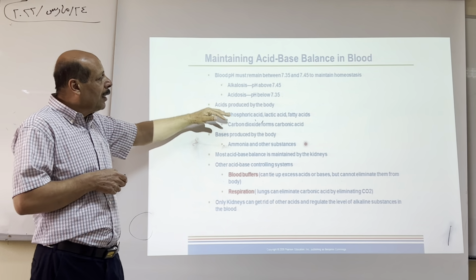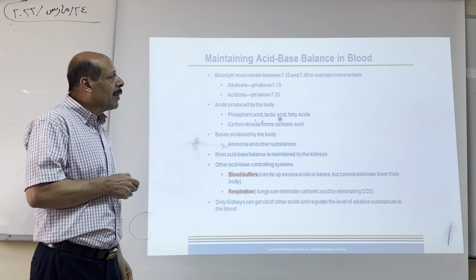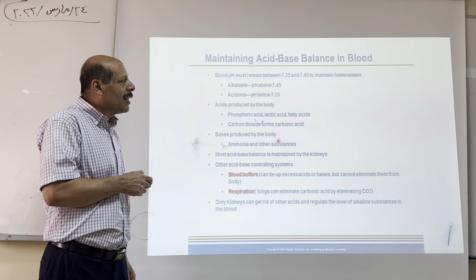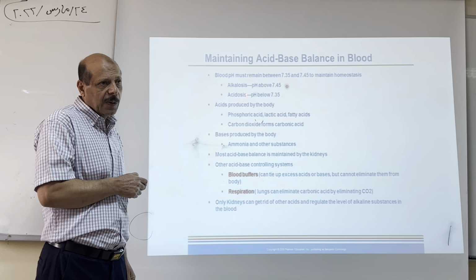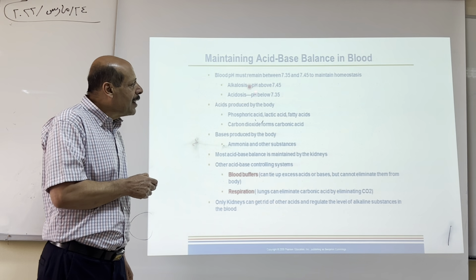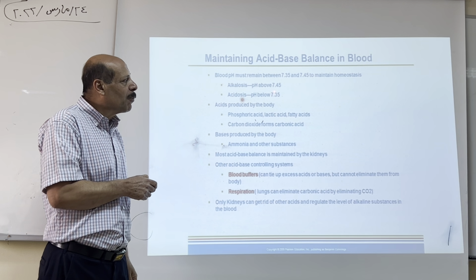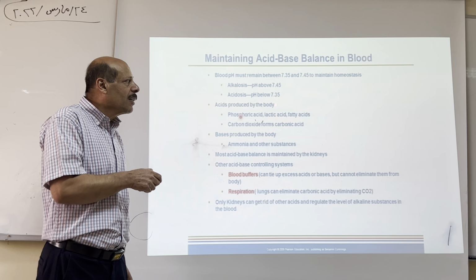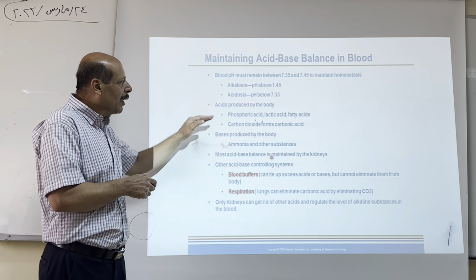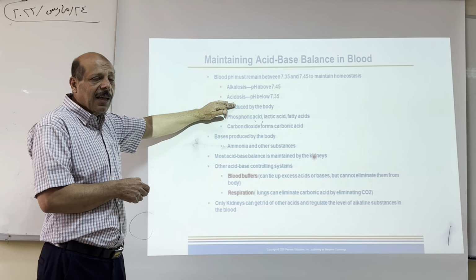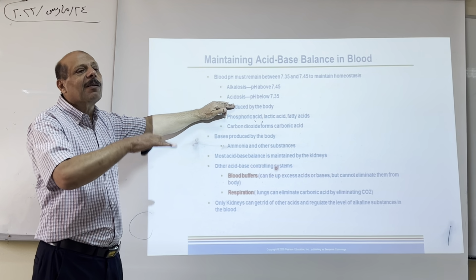If the pH becomes higher than 7.45, it is called alkalosis. If it is less than 7.35, it is going toward acidosis.